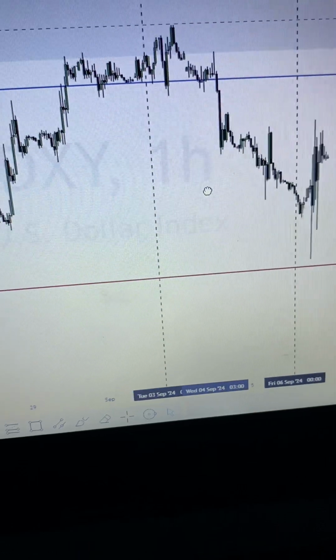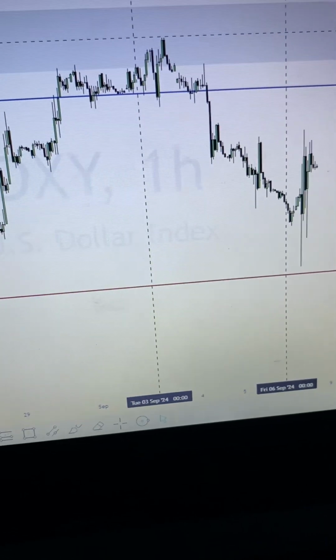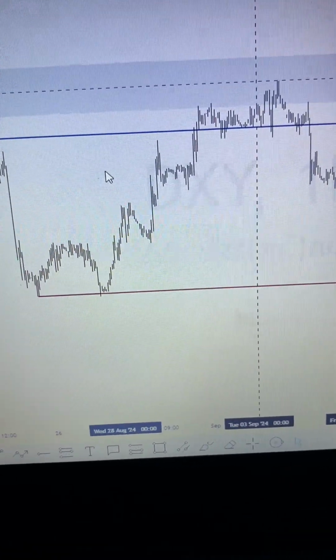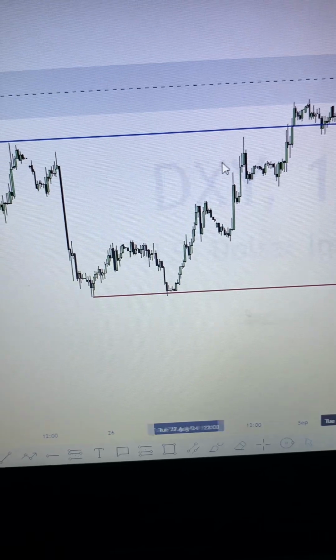It was actually bearish, and then after going to the downside, you see we retraced back inside the range. But if you look at this, let me zoom out first. This is a daily fair value gap. So we broke below the daily fair value gap, and then we returned to touch it.